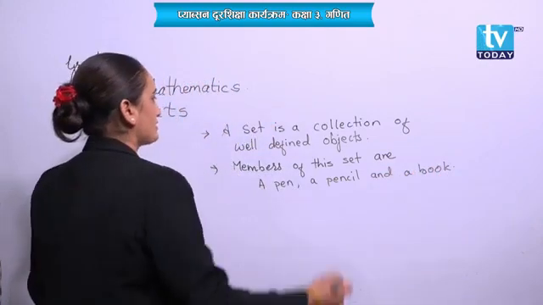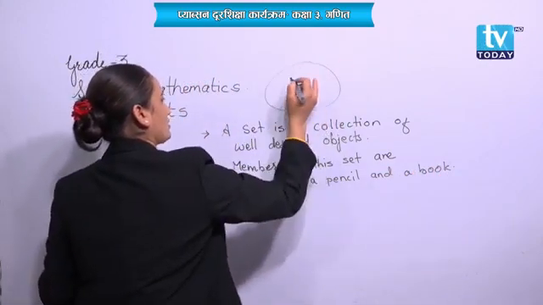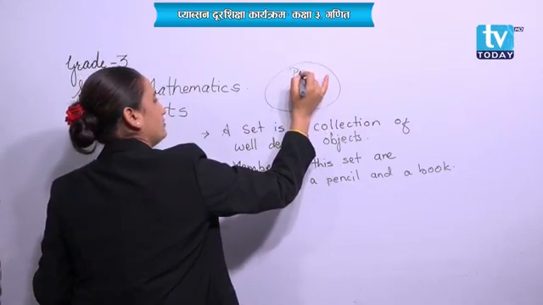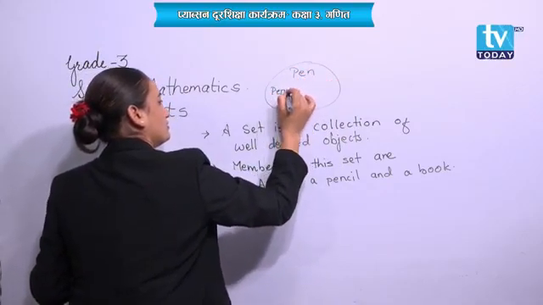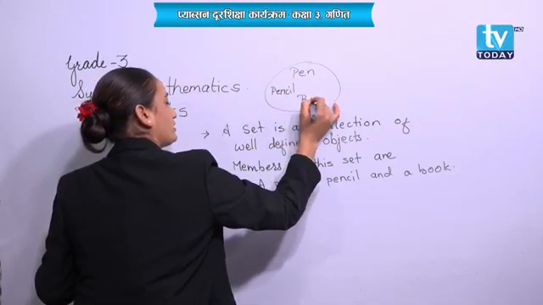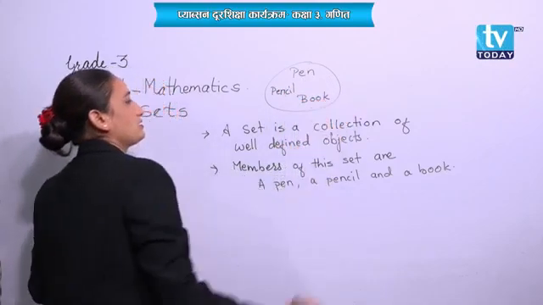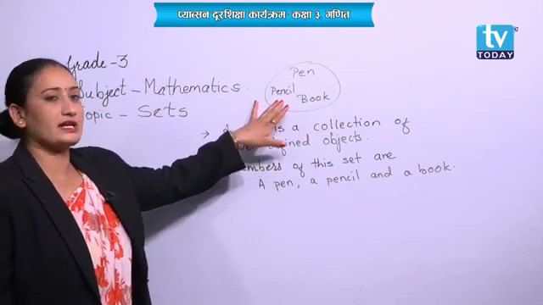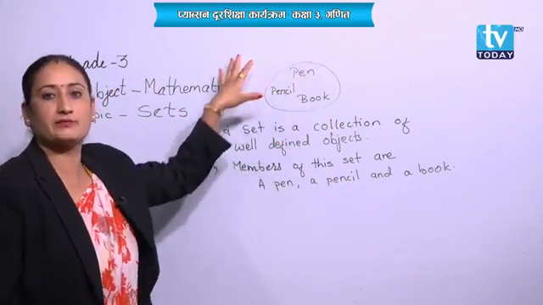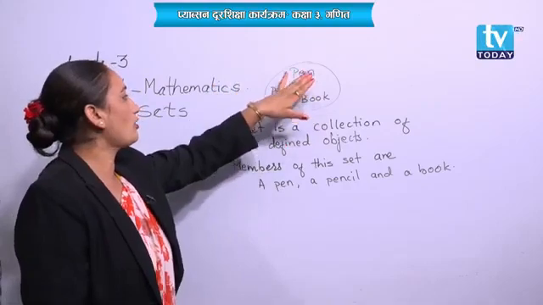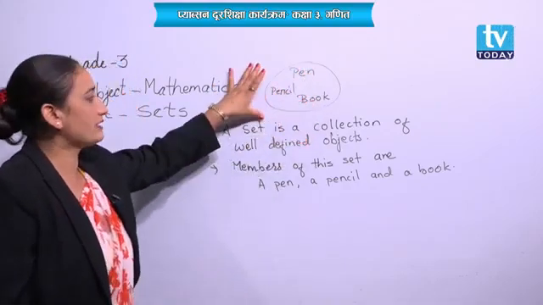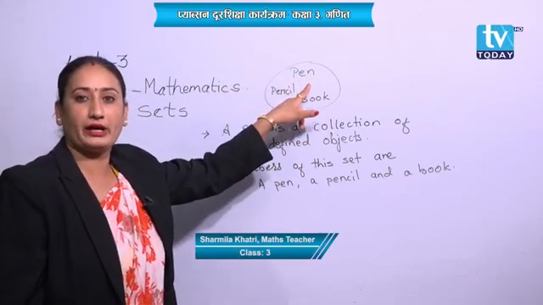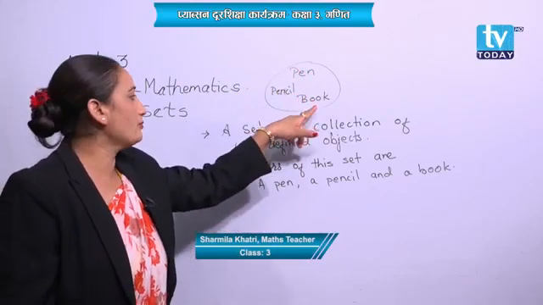That means they are given inside the circle. Pen is there, pencil is there and book is there. So, this is the set which is surrounded by a circle or oval in shape, right? This set has a pen, pencil and a book.